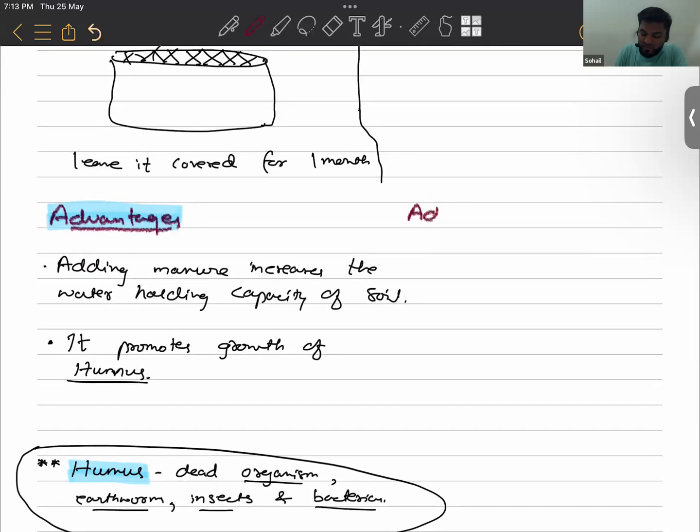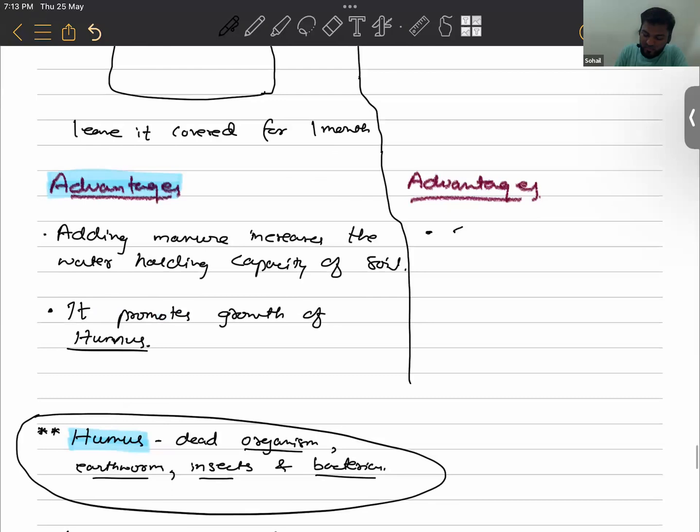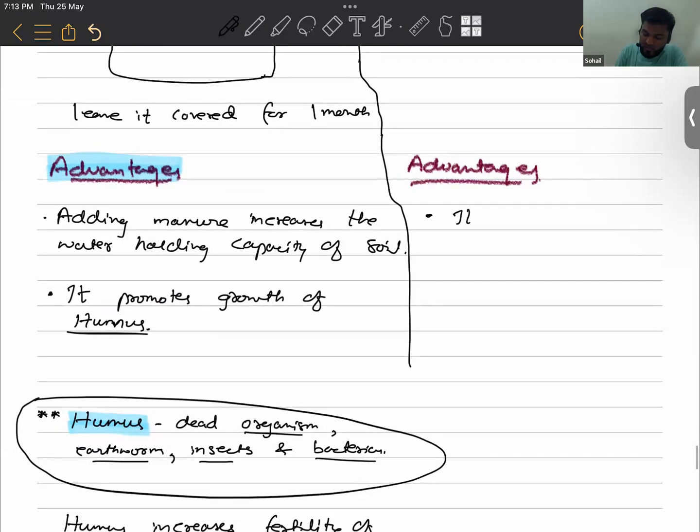If we talk about the advantages here, the first advantage is that it contains a higher amount of nutrition. Now you list some of the other advantages of using fertilizers over manure.